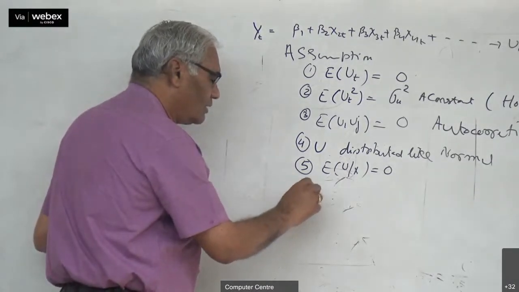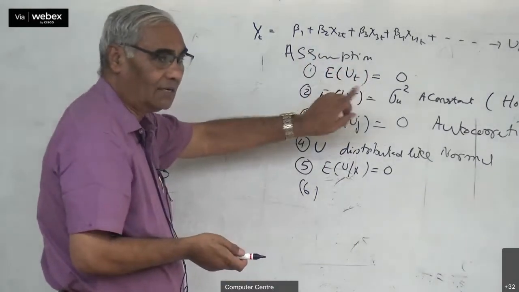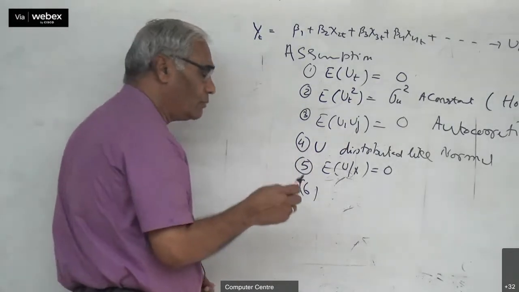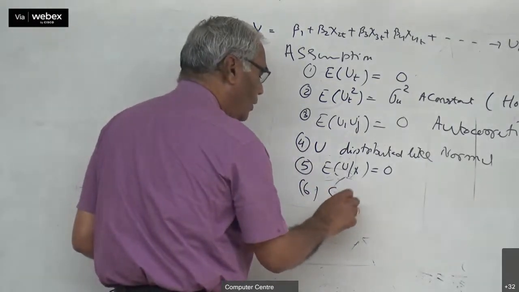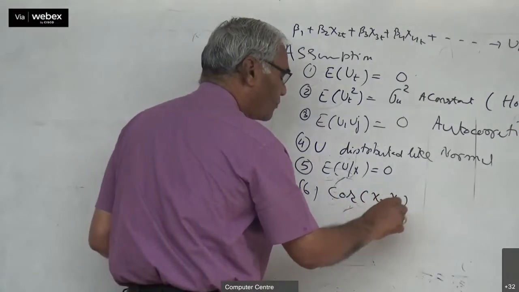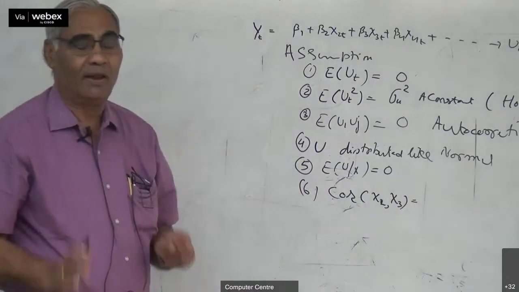And the sixth assumption, in addition to these, which are all assumptions of the classical linear simple regression model. But in multiple regression, we are assuming one more: the correlation between X2 and X3 should not be very high. They should be independent.